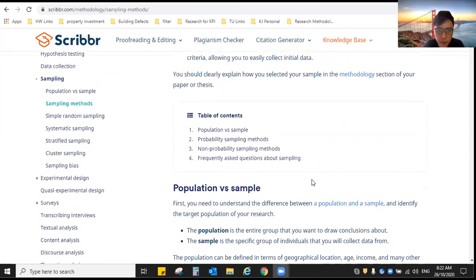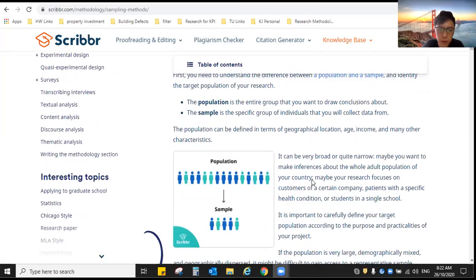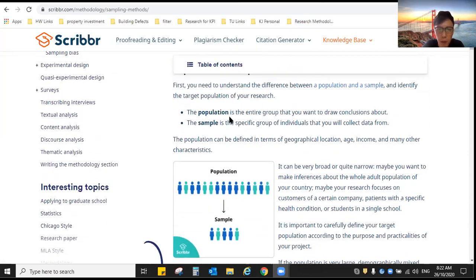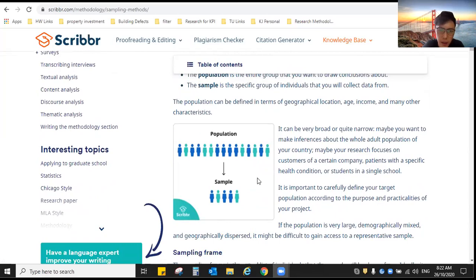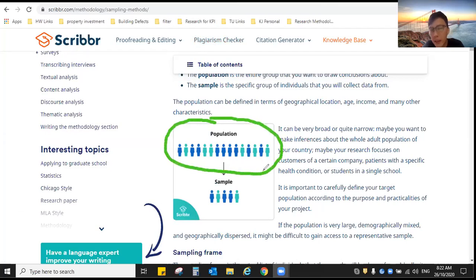Proceed. Now, I already told you, population and sample. Population is the total number of your students in Taylor's. There are too many of them, so you need to have a sample to represent this population.